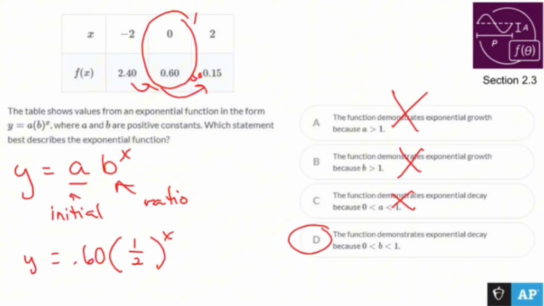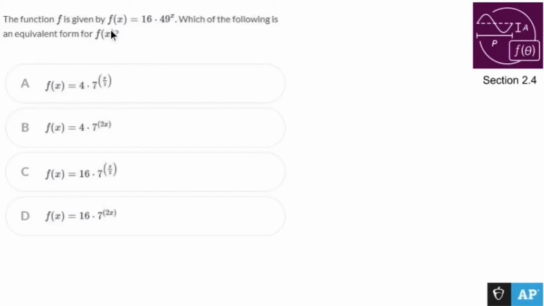The function f is given by f of x equals 16 times 49 to the x. Which of the following is an equivalent form of f of x? Let me write it out. F of x equals 16 times 49 to the x. I have a 16, which I know is 4 squared. I have a 49, which I know is 7 squared. 16 is also 2 to the whatever, but let's see what they want me to do. They want me to change 16 to 4 or keep it at 16.